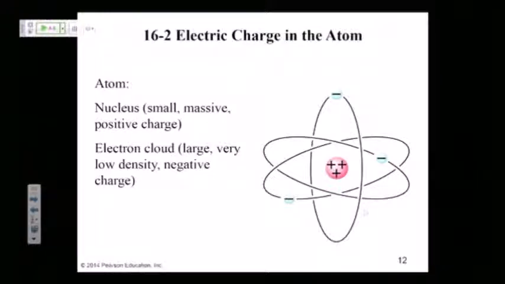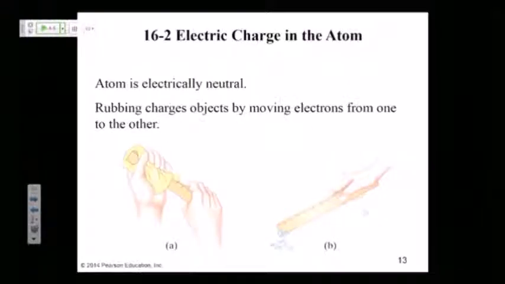Typically, atoms will have equal amounts of positively charged nuclei and negatively charged electrons, and because of that, the net charge for an atom is usually zero. If you strip one of the electrons by friction, for example, then this atom will carry a net positive charge, because now positive is more than negative. We say that this atom is ionized, in fact.